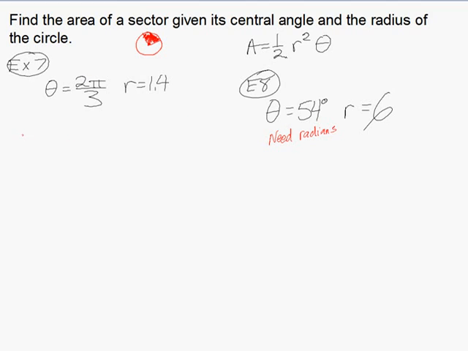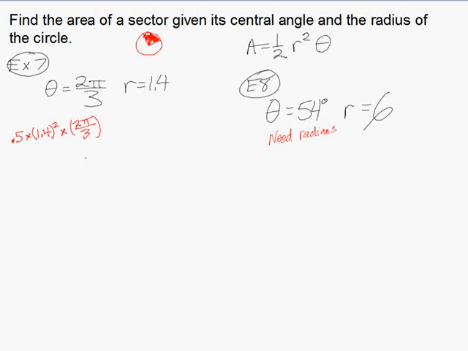So over here, we would do, in your calculator, 0.5, okay, times R, which is 1.4, okay, square that, or you could do 1.4 times 1.4. And then this is times, and then in parentheses, 2 pi over 3.